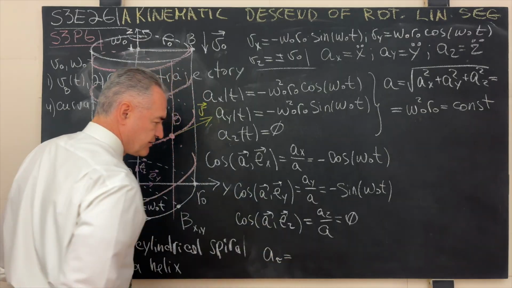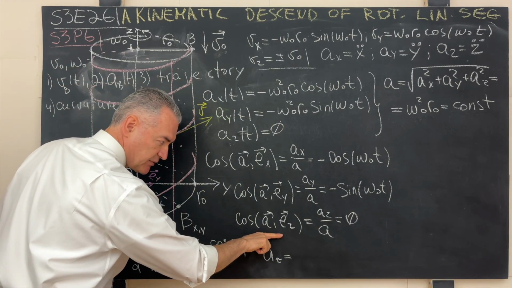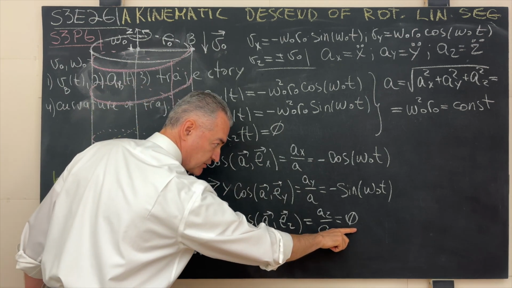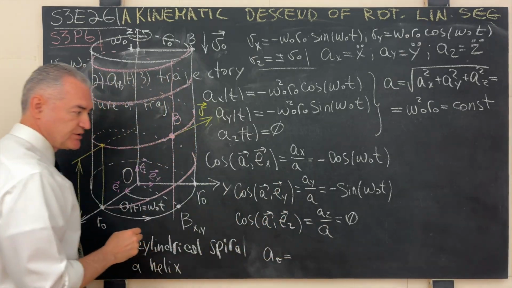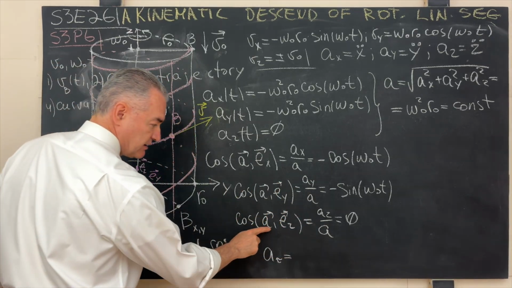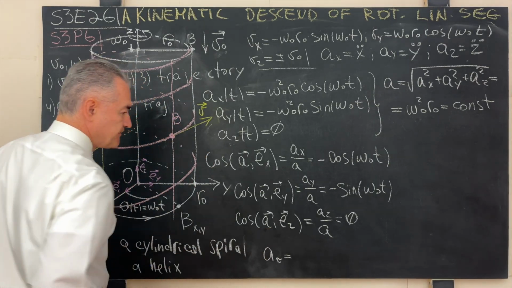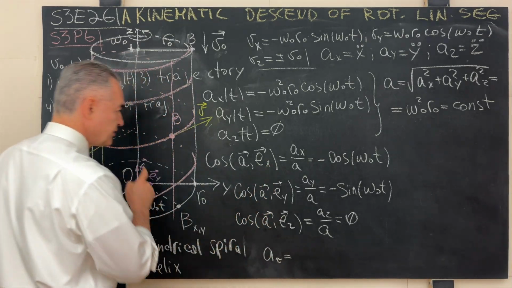You have this, and at this point you tell the examiner happily that this fact means that over the set of real numbers, the very first real number when the cosine flips to 0 is what? Pi over 2 radians, 90 degrees. What does that mean? That means that the complete or the total acceleration vector of the point B is orthogonal to the z-axis.